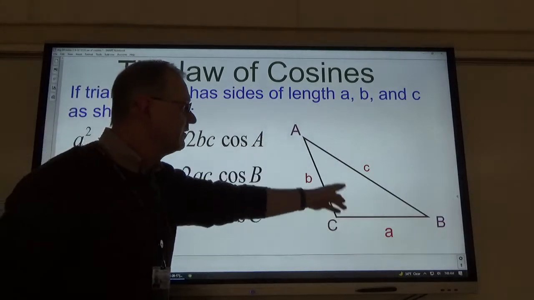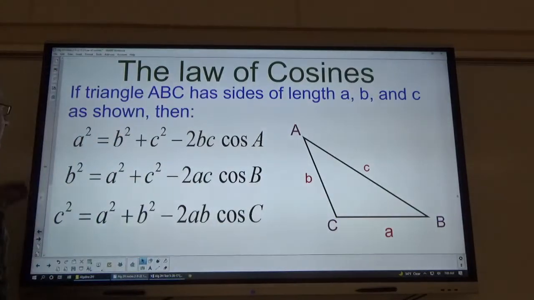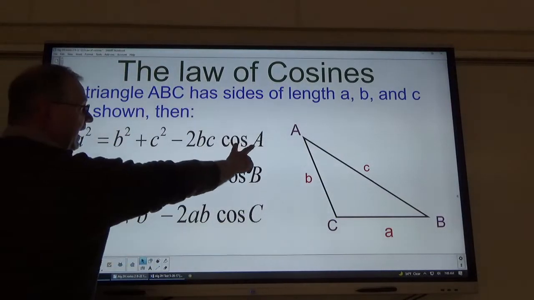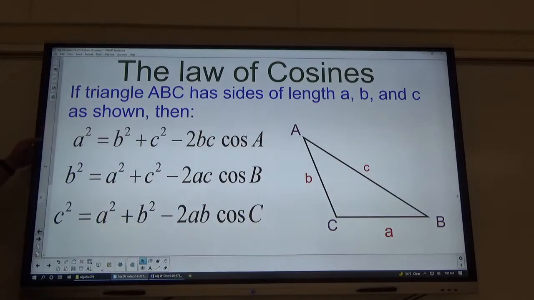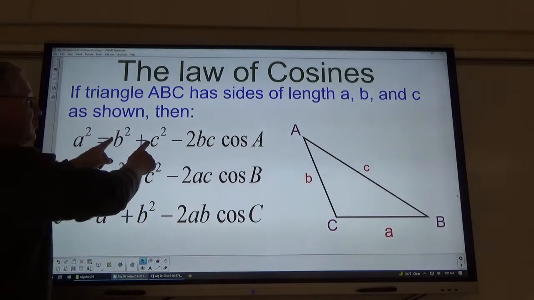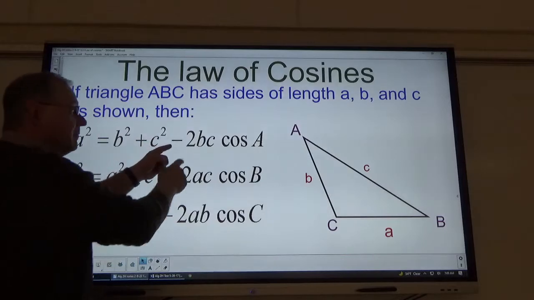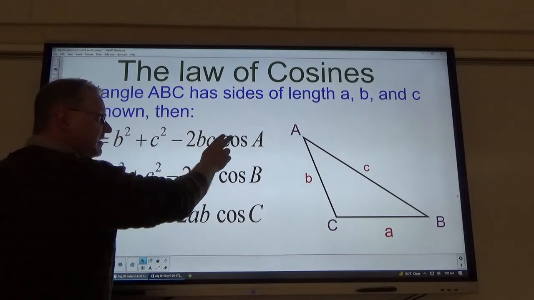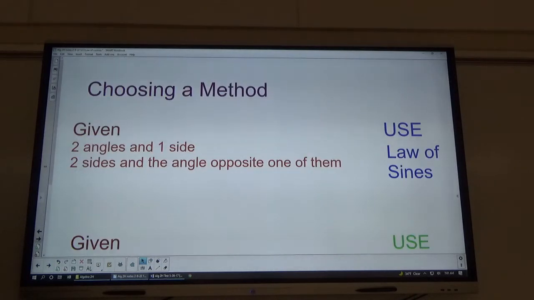If you're working with these two, let's call it angle A and side a, then you're going to have angle A for the cosine part, and on the other side of the equal sign will be side a squared. The other two sides, doesn't matter which one comes first, get squared, added together, minus 2 times the other two sides, cosine of A. And that's the process. Once you get used to it, it's fairly straightforward.